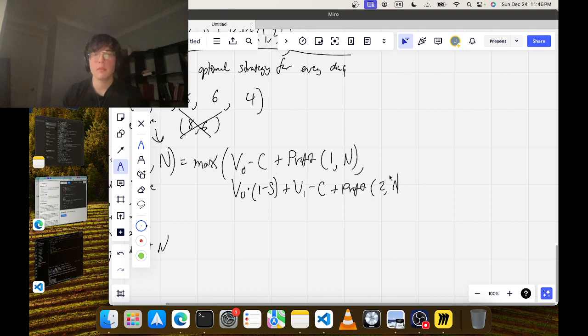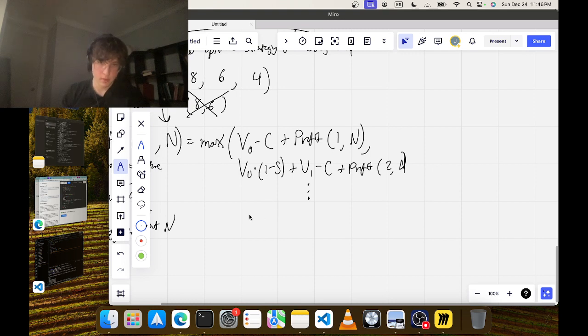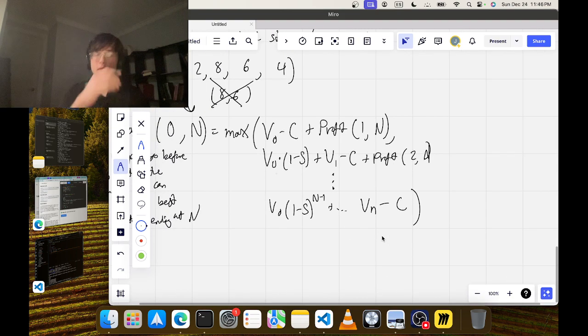And now we keep going with this pattern. So we keep leaving the packages in there. The final one is just V0 times (1 minus s) to the power n minus 1 plus dot dot dot plus vn minus c, and that's it. So those are all the possibilities, right?